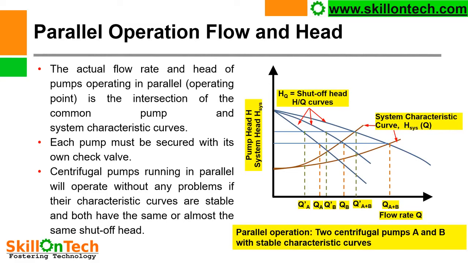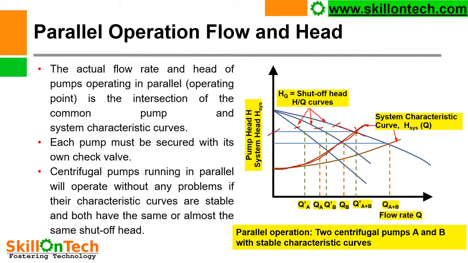The actual flow rate and head of pumps operating in parallel: the operating point is the intersection of the common pump and system characteristics curves. Here in this picture, this is the characteristics curve of pump A, this is the characteristics curve of pump B, and this is the characteristics curve of A plus B. Suppose this is the system head curve. Then we get the intersection point with this system head curve, and our flow will be Q A plus B and the head will be here.